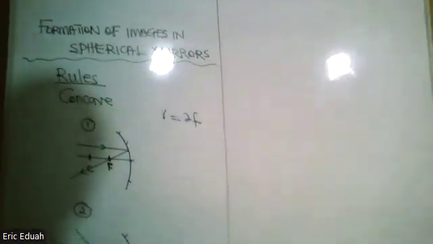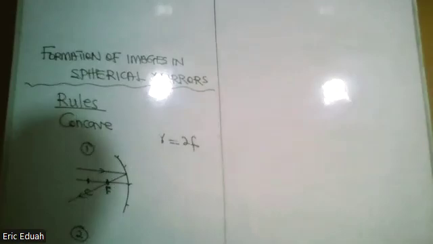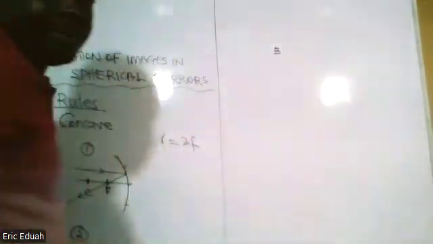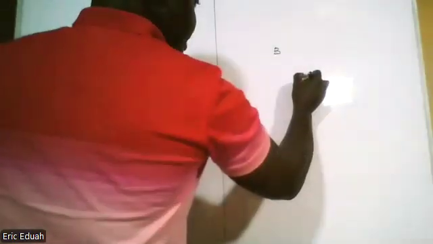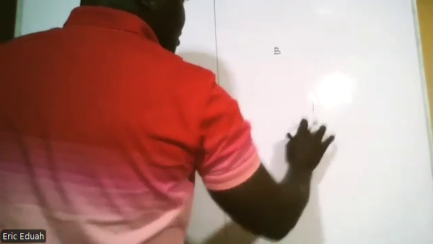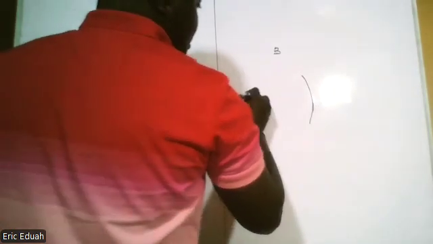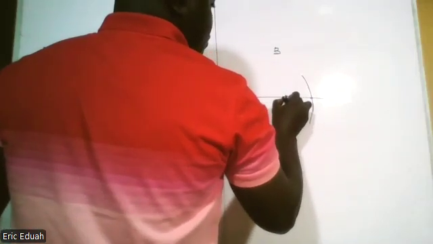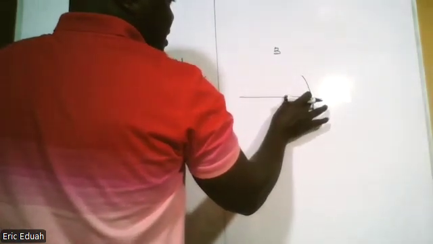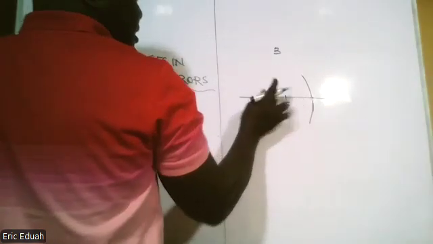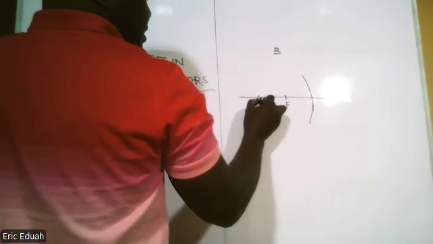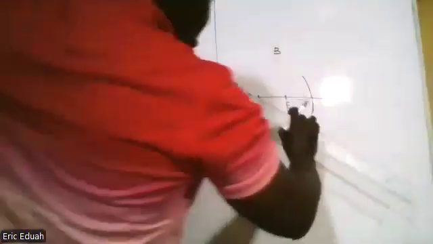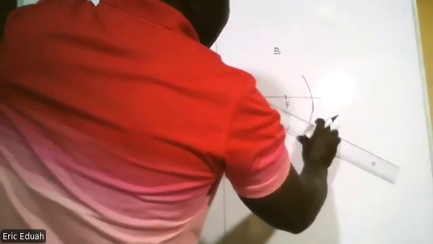Rule 3. The third rule is that a ray of light, so you don't close your eyes to F, this distance, and this distance, C. A ray of light hitting the mirror at 90 degrees.